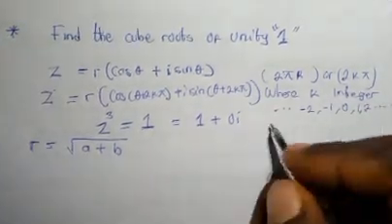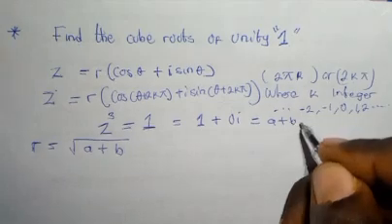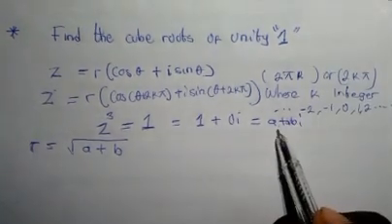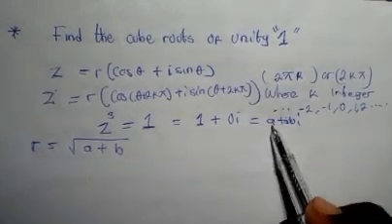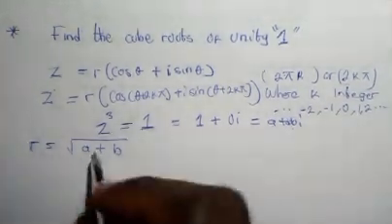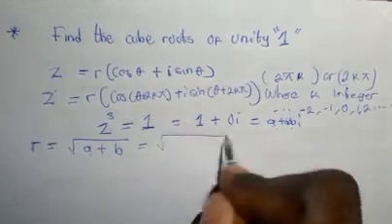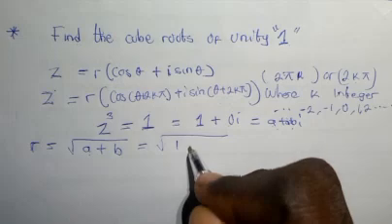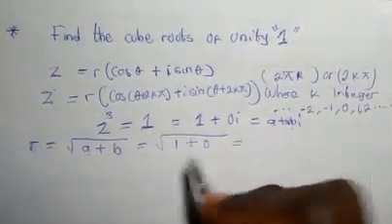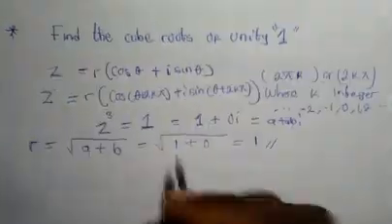And comparing this to a plus b iota, we can say that 1 is equal to a and 0 is equal to b. So substitute that here. We have a to be 1 plus 0, and we have the root of 1. The root of 1 is 1.